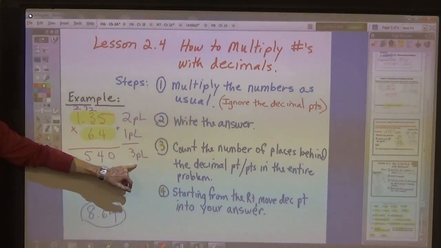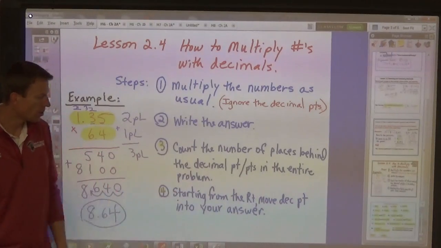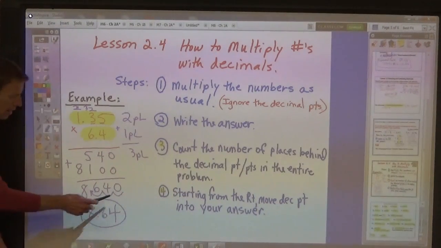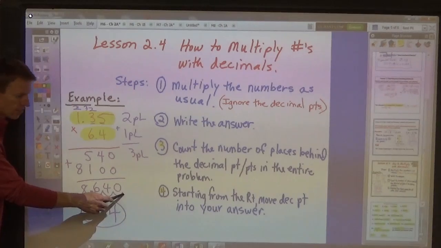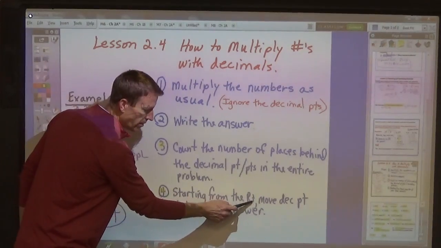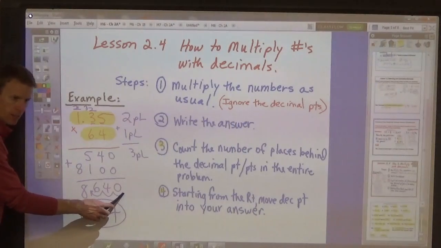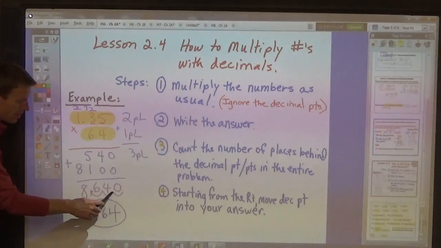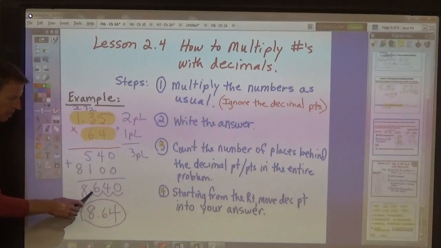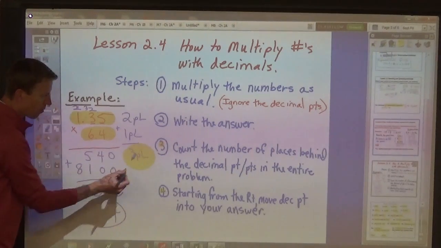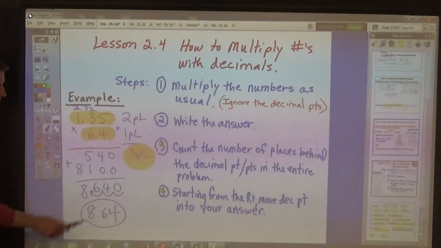So then go to the answer you wrote, and from the right, starting from the right, RT stands for right. So starting from the right of the number, move in 3 places, because there are 3 places in the problem that have decimal points.